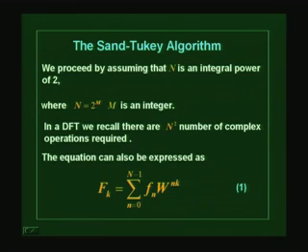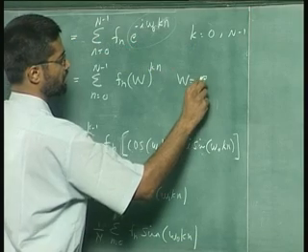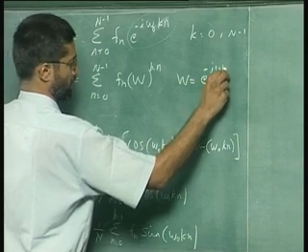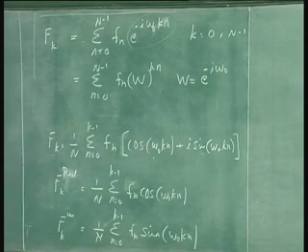We write this as sigma n going from 0 to capital N minus 1 of fn times some function we call w, to the power kn. K and n are integers. Now this w is nothing but e to the power of minus i omega naught, and remember omega naught is 2 pi by n.